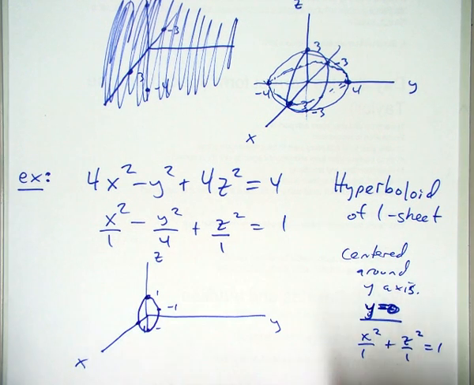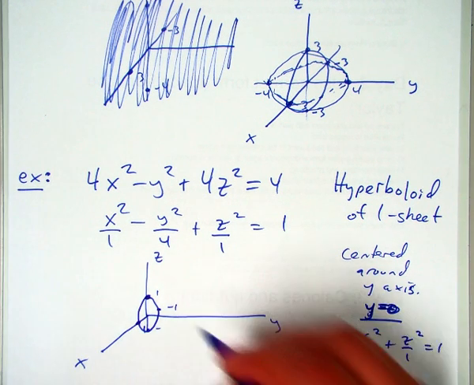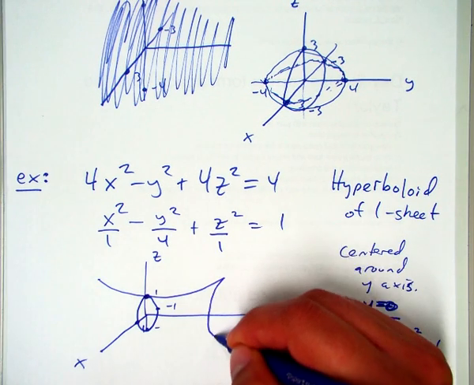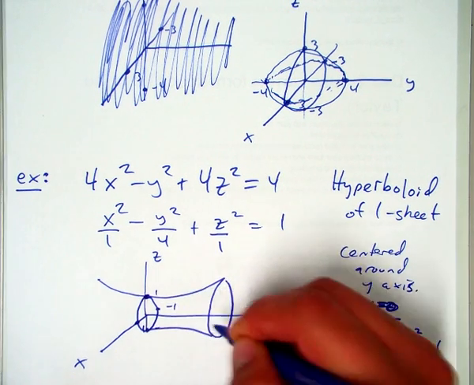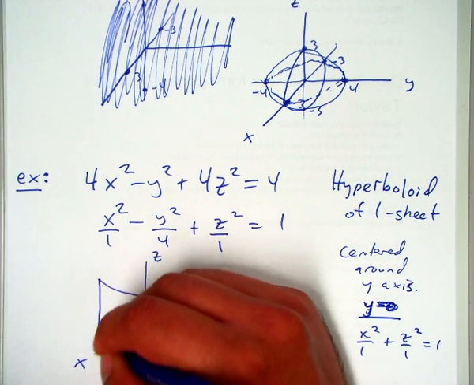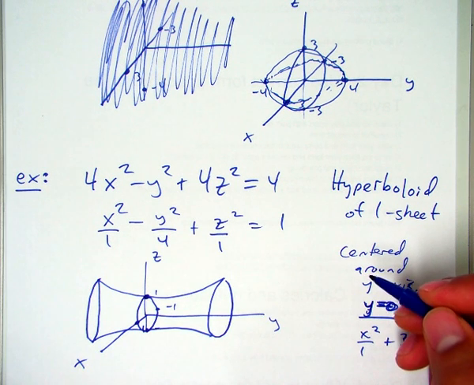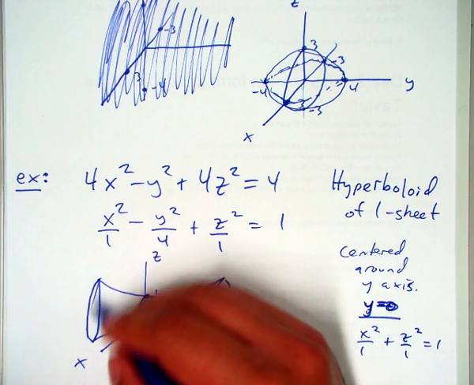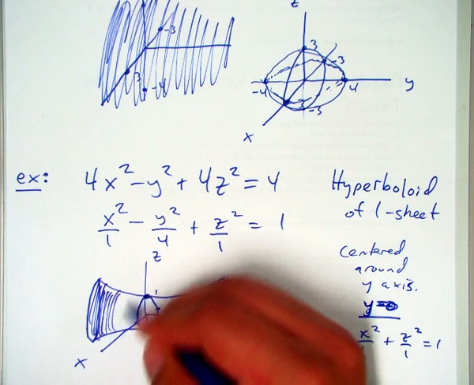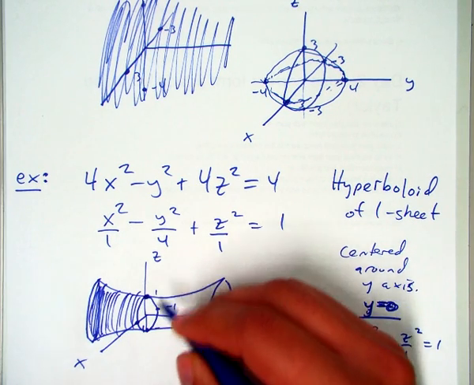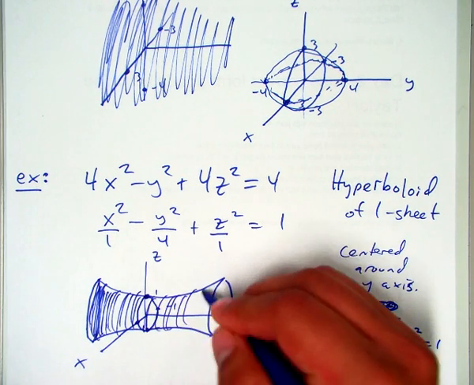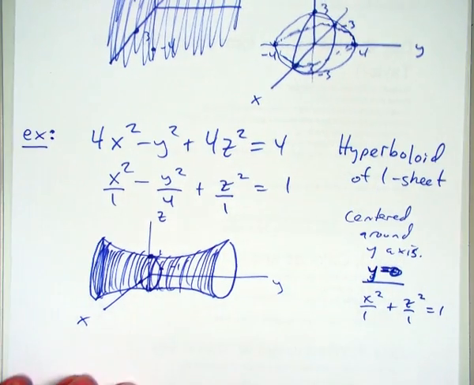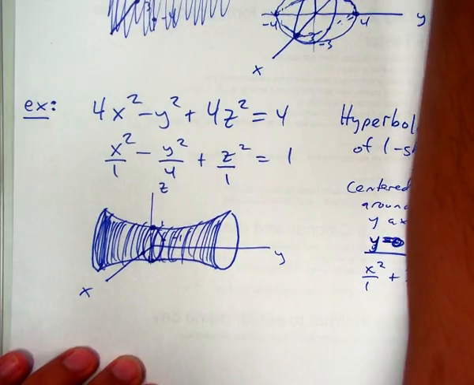You draw a little unit circle there. There's one trace, and this is one sheet, so all we're going to do is something like that. And actually, from my perspective, you wouldn't be able to see that. This is probably better. You don't have to shade, but sometimes, you know. So there's your hyperboloid of one sheet.